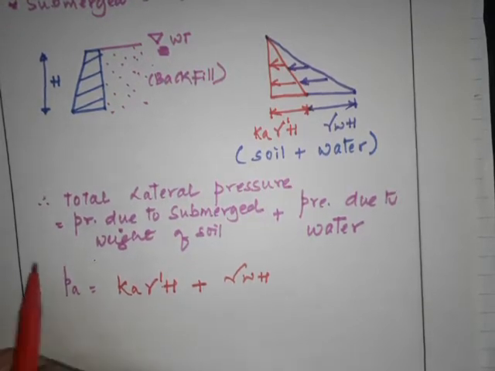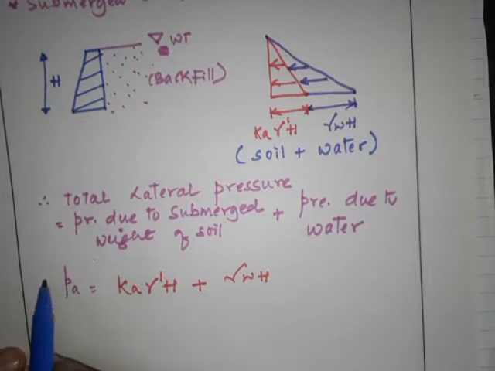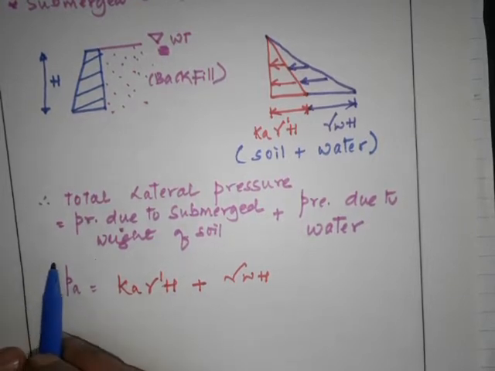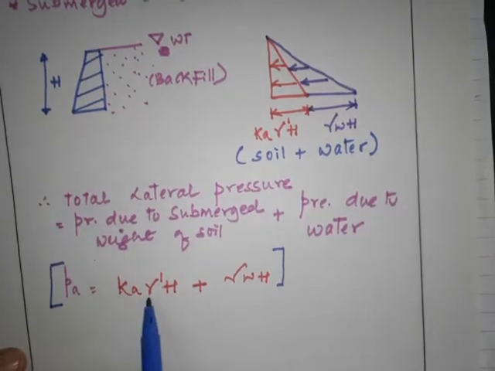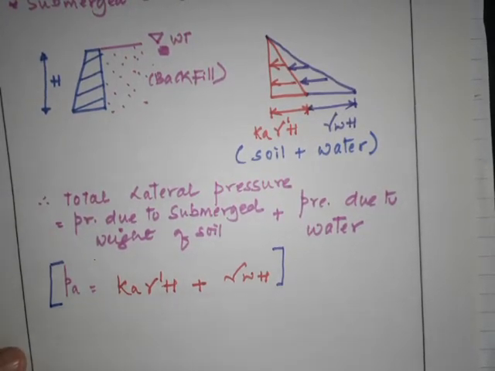Correct? So this will be the final pressure, that is the active earth pressure: K into gamma dash into H plus gamma W into H. Understood?